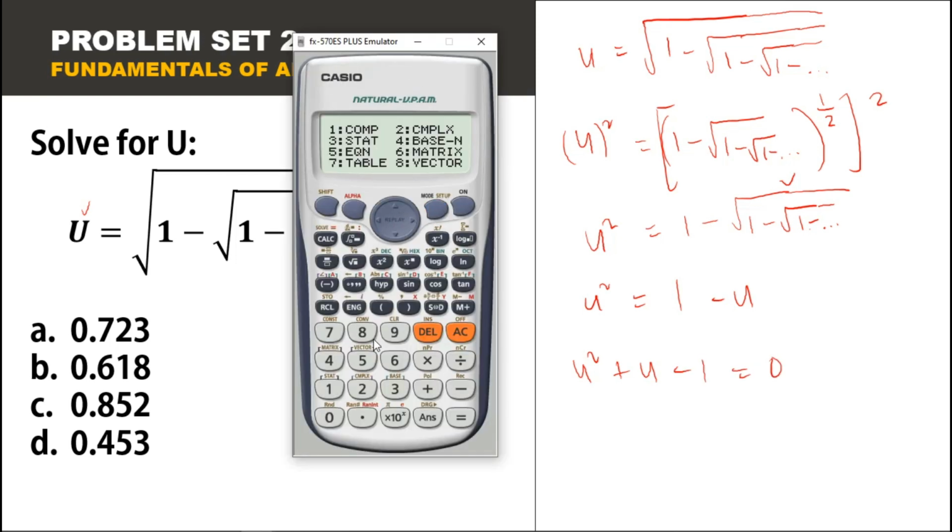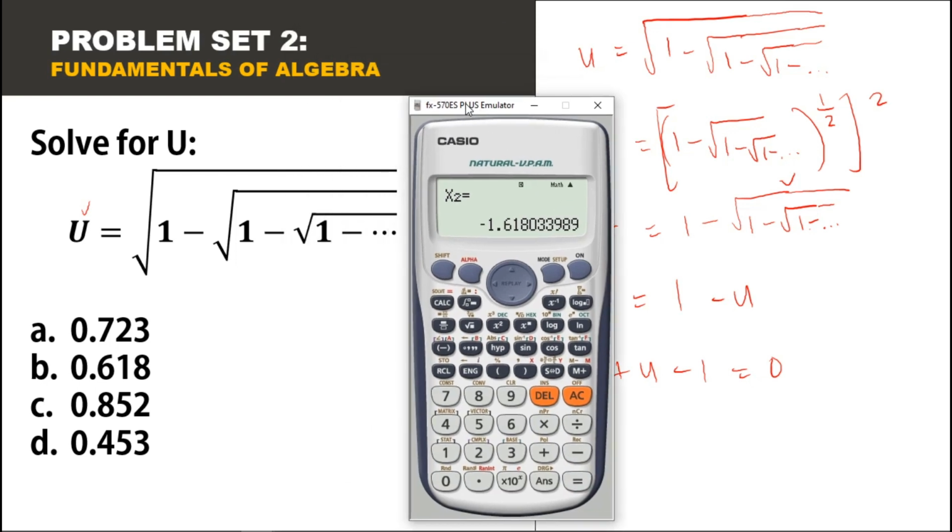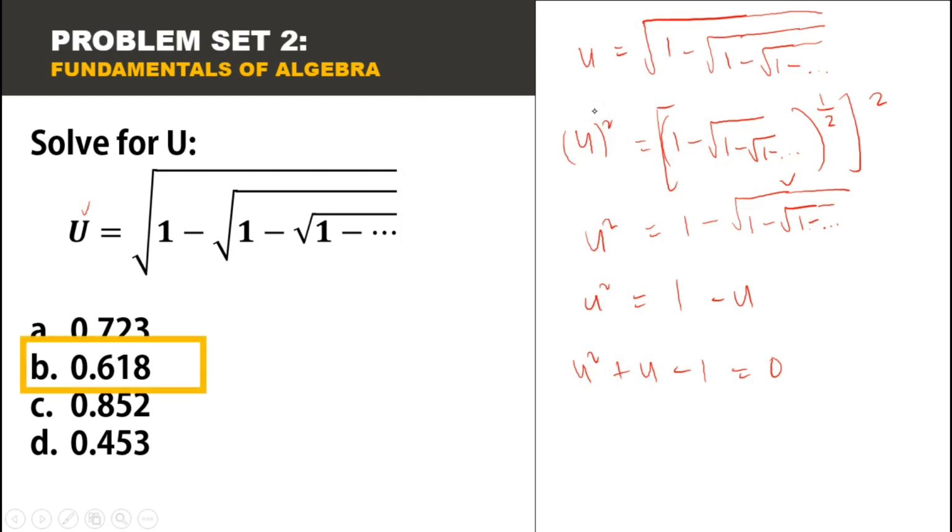We use the equation mode, that is 5, then quadratic, that is 3. For the squared variable, you have coefficient 1; for the first degree variable, you have 1; and for the constant, you have negative 1. So you have the values 0.618, that is letter B, and the other one is negative 1.618.